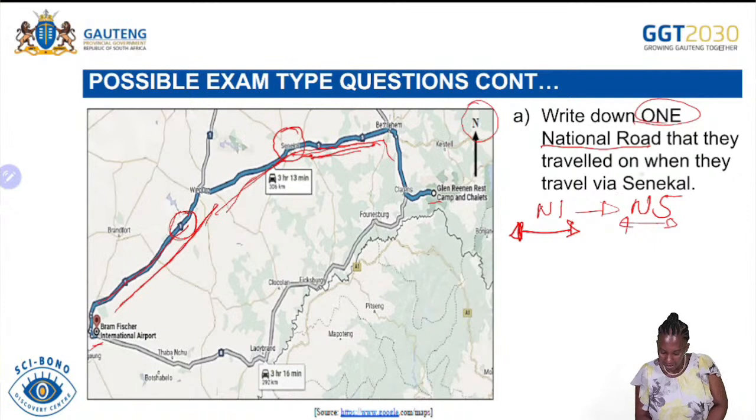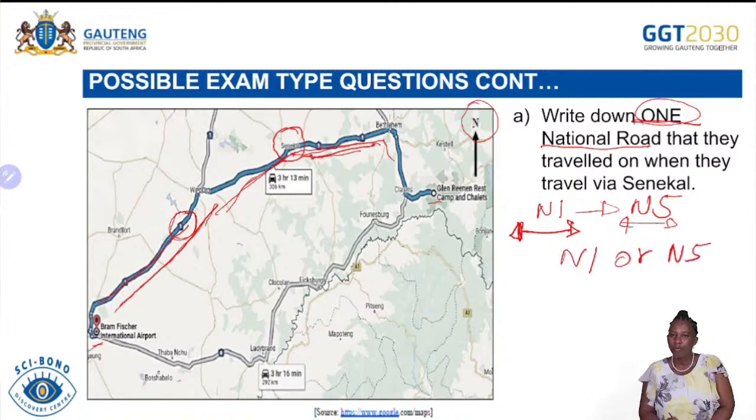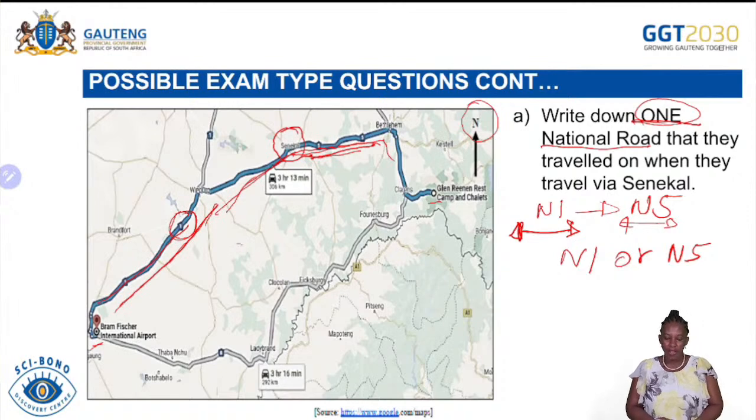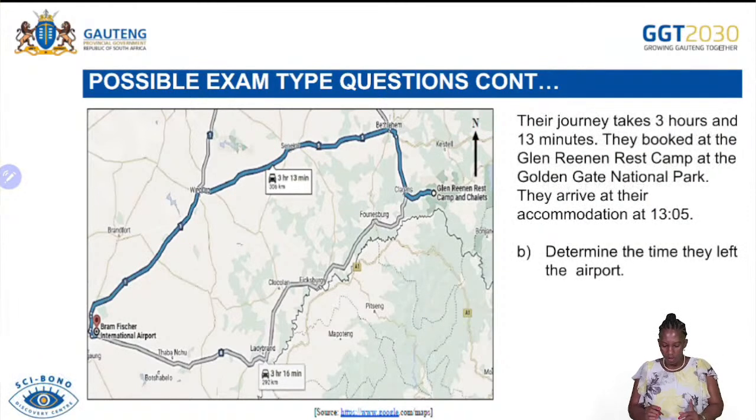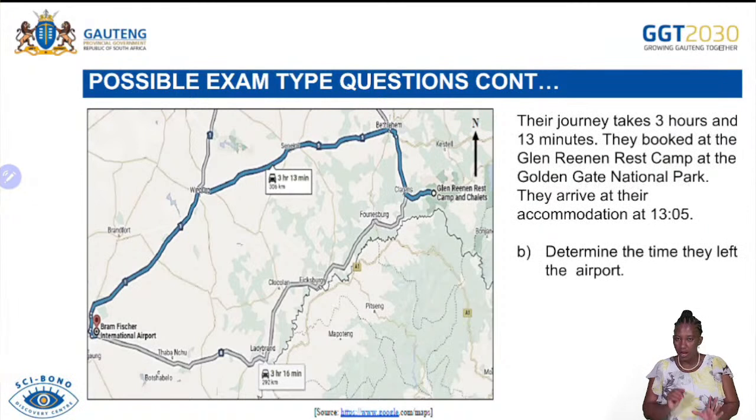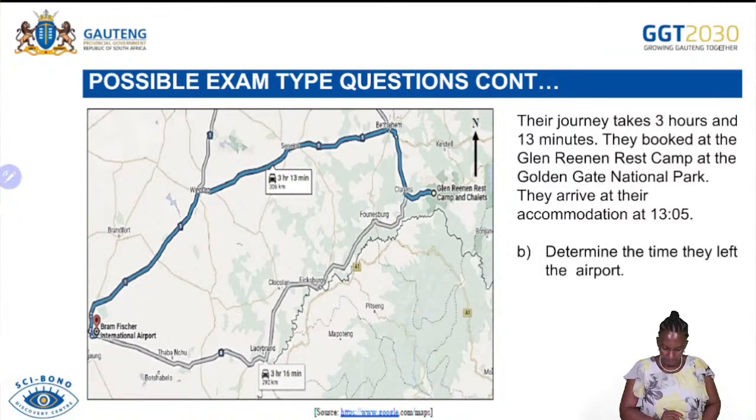So our answer there, because they only want one, you can either say N1 or N5. So you first need to interpret the map before you can answer the question. Look at the information given, and then you analyze it, and then you say, oh, this is what they're looking for, and then this is how I can write my answer.